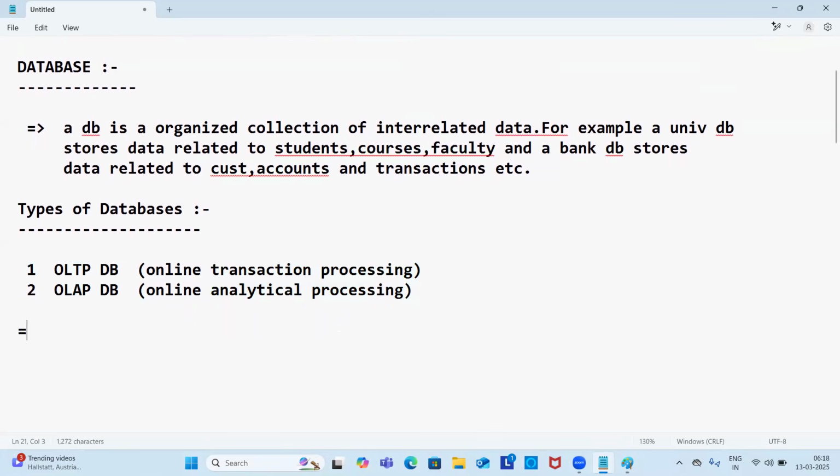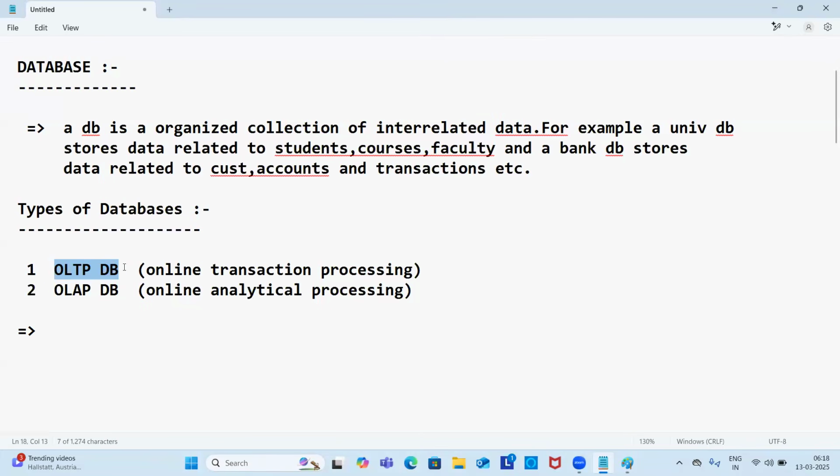Take Amazon. Amazon maintains two databases, OLTP and OLAP. What do companies use OLTP for? Companies use OLTP for storing day-to-day transactions. If you take a bank, every transaction is recorded in OLTP.